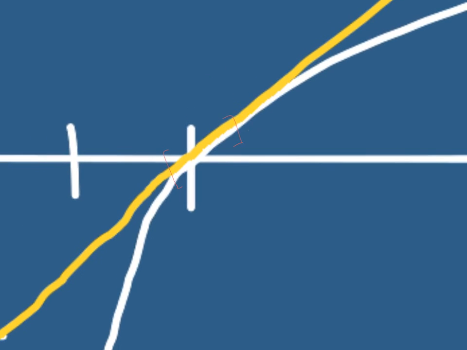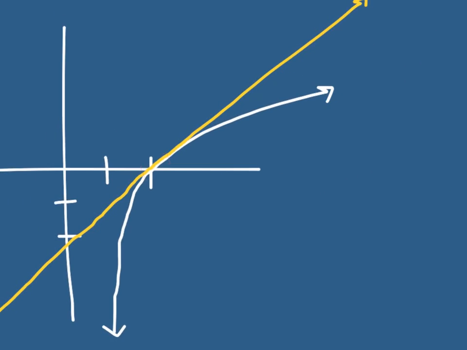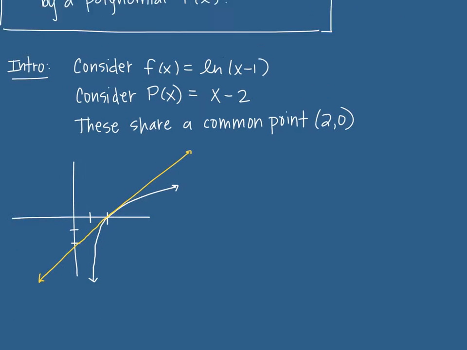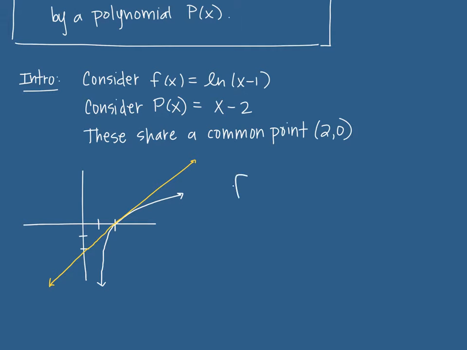Why do they separate? Well, because the linear line has a constant slope, and the natural log is concave down, which is pulling its slope away. So what we say is that f of x, which is the curve that has slope and tangent and a concavity, is approximately equal to p of x within a small domain.